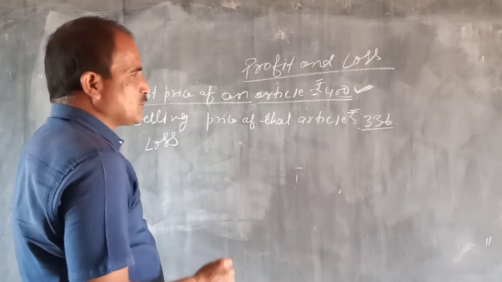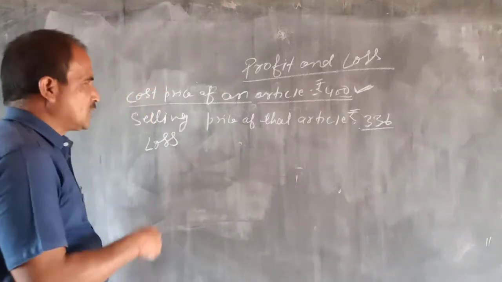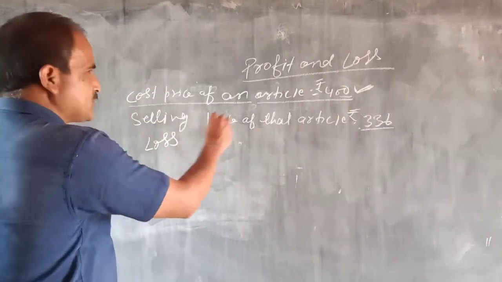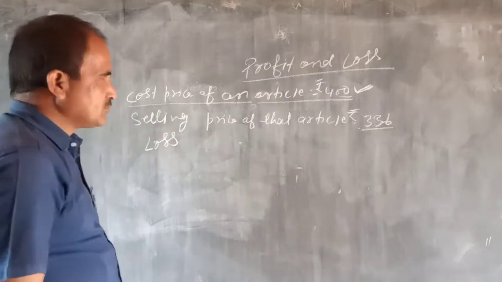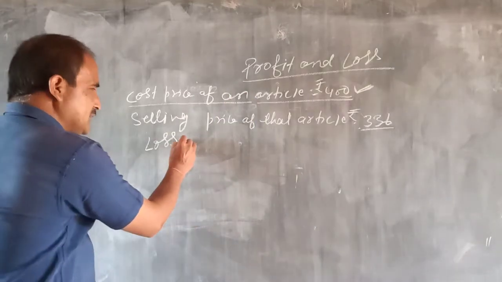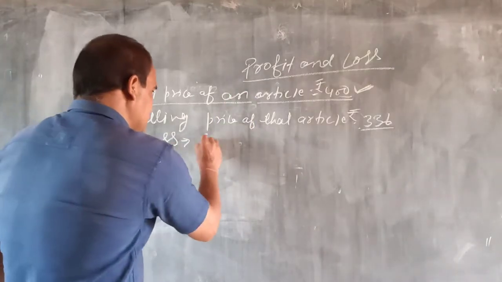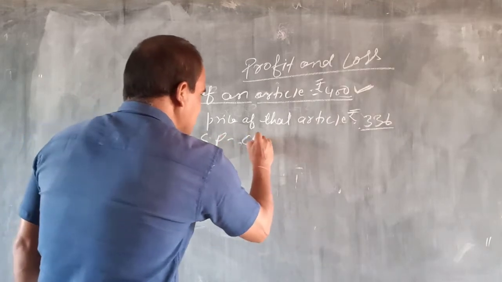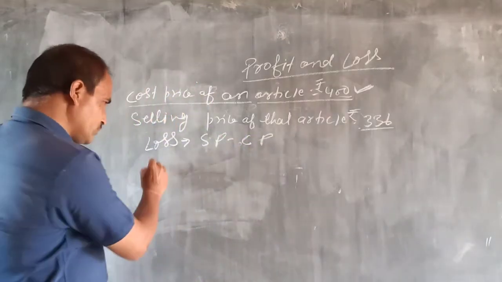In which condition will there be a loss? When selling price is smaller and cost price is higher. The loss formula is CP minus SP.